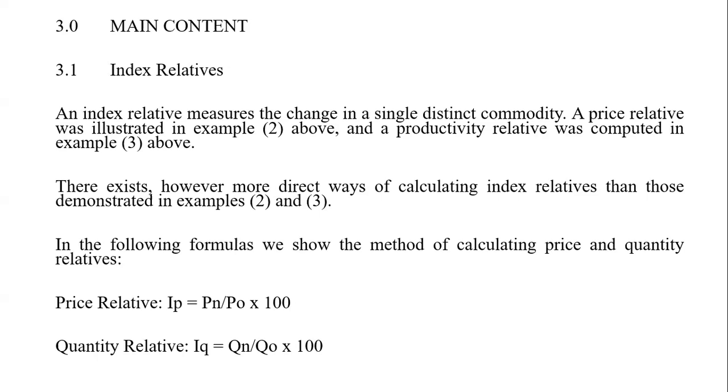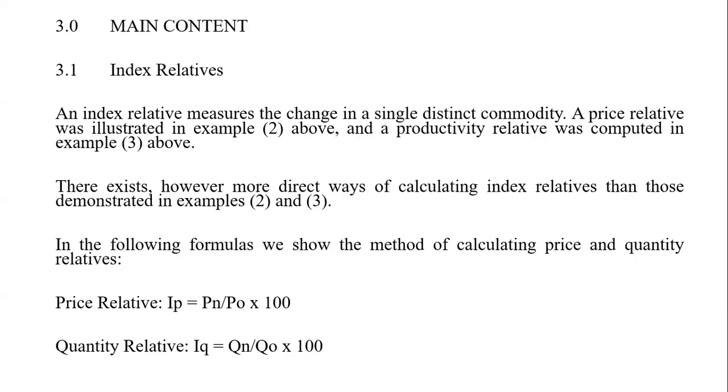Index relatives. An index relative measures the change in a single distinct commodity. A price relative was illustrated in the previous example above, and the productivity relative was computed as well in the previous example.